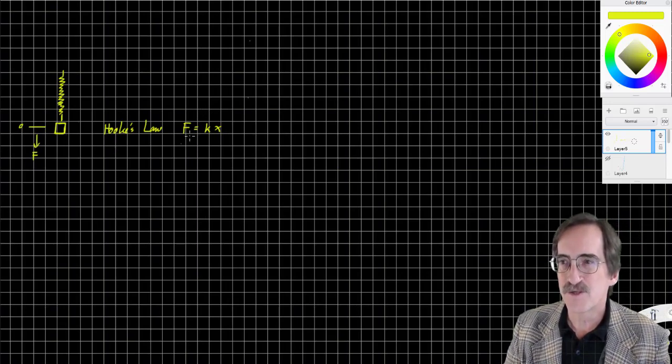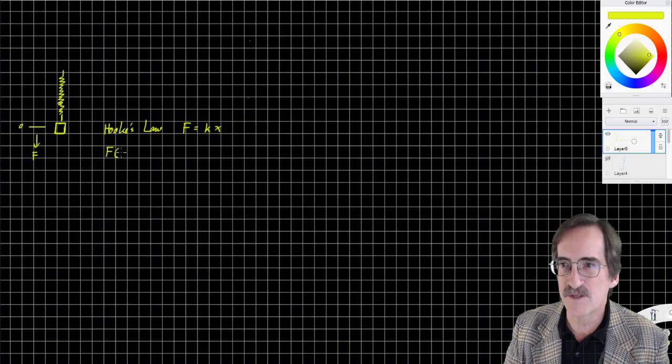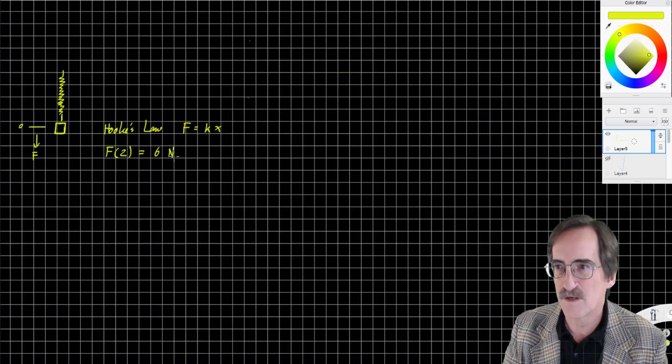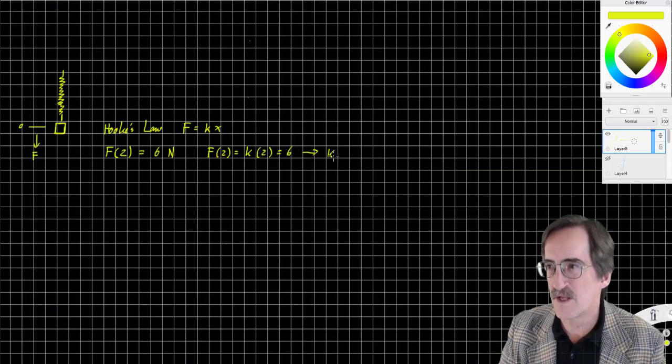Okay, so let's say that the force needed to displace this 2 meters from its initial position is 6 newtons. Okay, in that case then, F of 2 equals k times 2 equals 6, and we get that k equals 3.